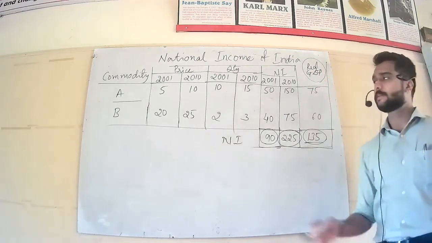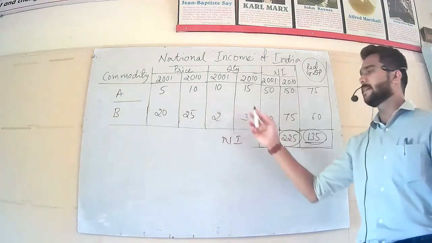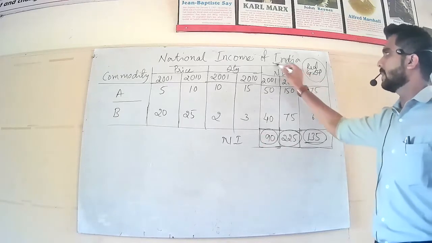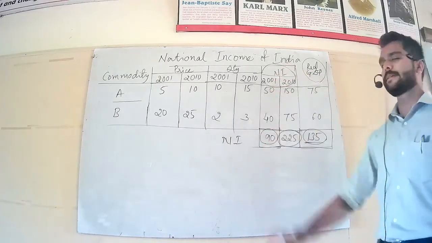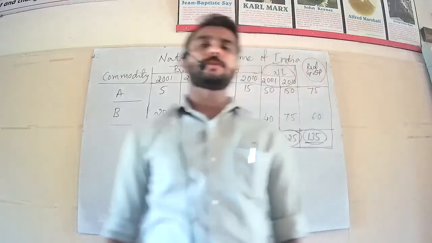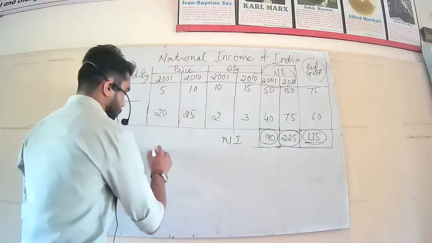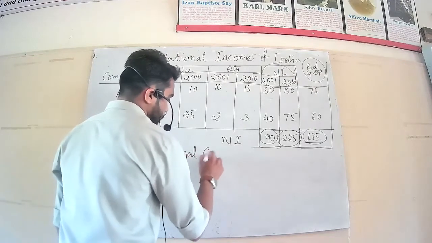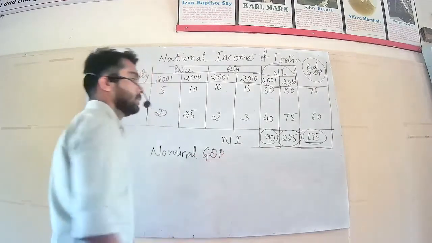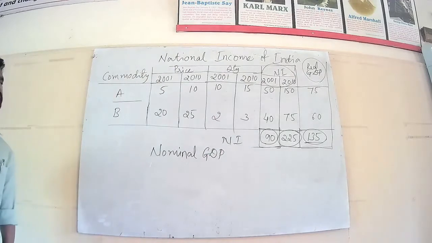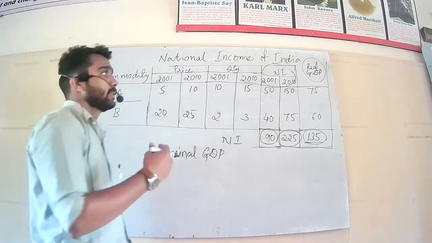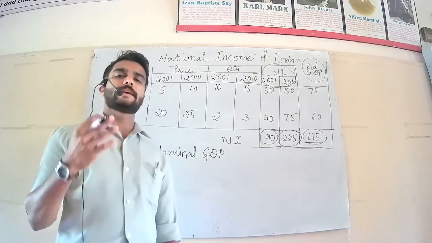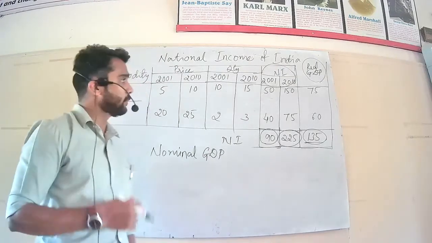And when we take current year prices and current year quantity of production to measure the national income of a country, then that national income account is called the nominal GDP. It is the nominal GDP. So this is how we make adjustments while calculating the national income of a country.